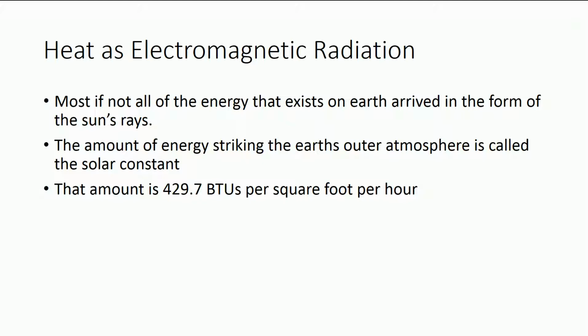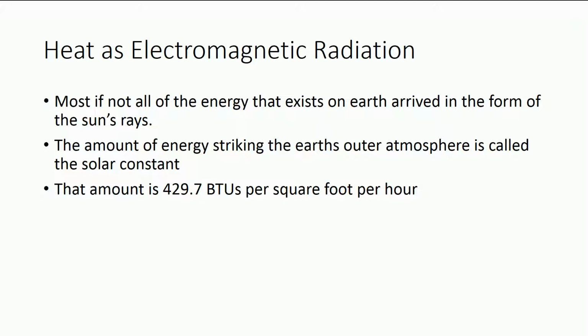One of the things that's important to note is that sunlight is, for the most part, constant, because when there are sunspots or certain anomalies, there might be a little bit of differentiation. But there is this thing called the solar constant. It's the amount of BTUs that are striking the outer surface of our atmosphere, not the Earth.